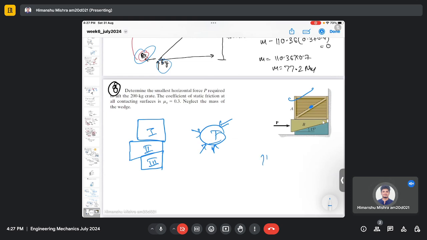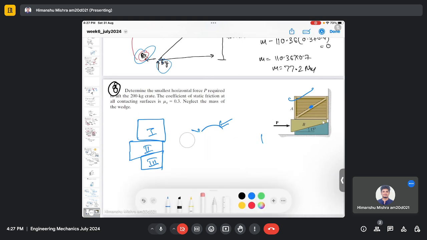Then we consider the second body, and we do the force and moment balance equation by making the free body diagram. This is exactly the same thing we did in the last question. So first let's consider body 1.